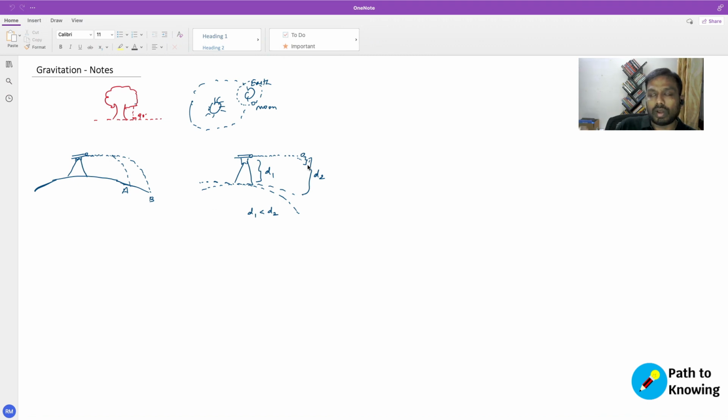And how it will appear to somebody on the Earth is that it will revolve around us. That is how he was able to explain the phenomenon of the moon revolving around us. The moon is really not just moving; it is actually constantly trying to fall onto the Earth.